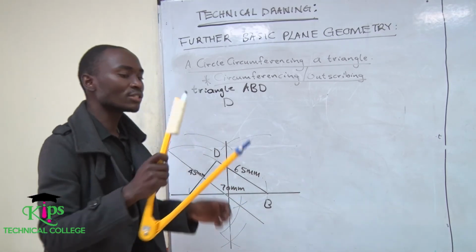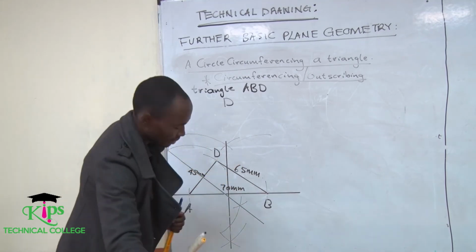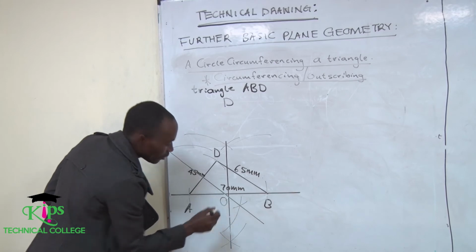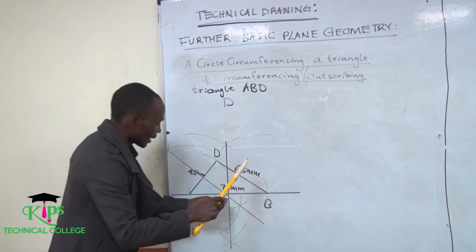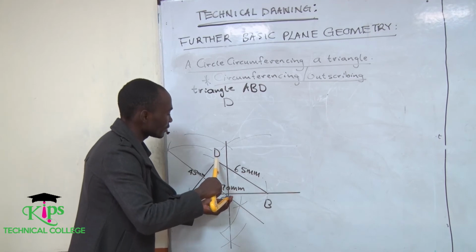So, what I need to do is to take up my compass like this, stand at the center. Let me call it center O. I will stand here, then adjust my compass well.